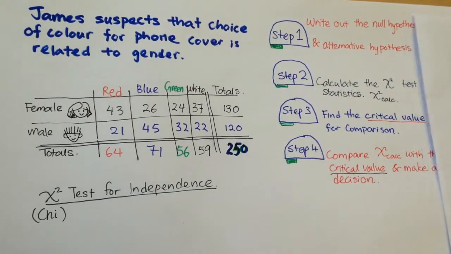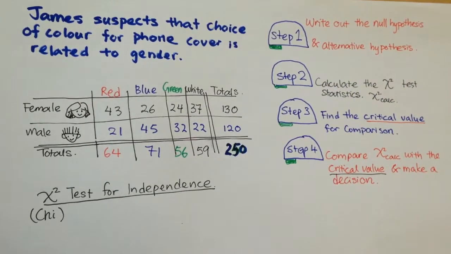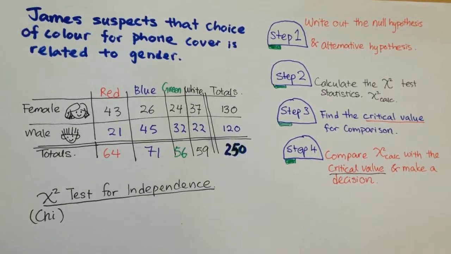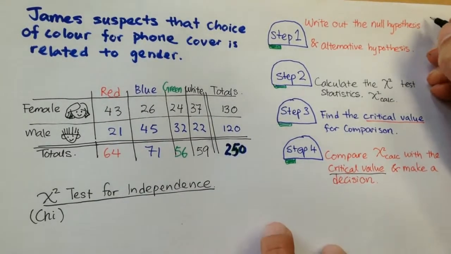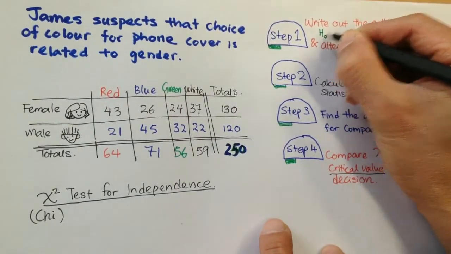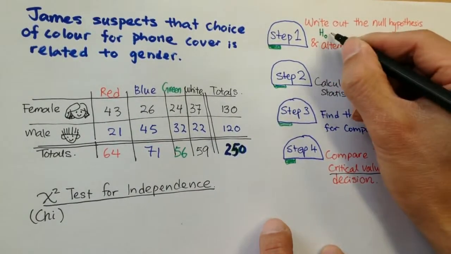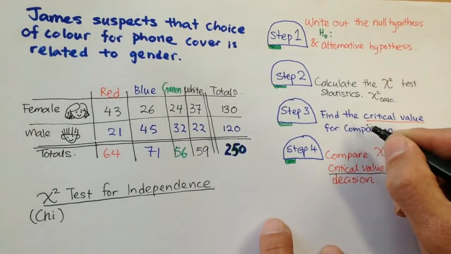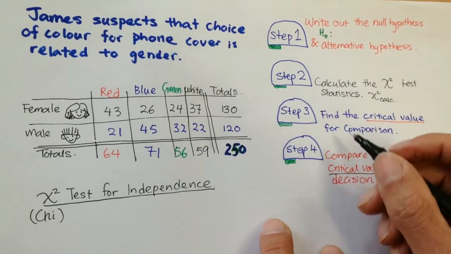Test for independence basically involves 4 steps. And here are the 4 steps. First of all, you probably need to write out the null hypothesis, usually denoted as H sub-zero. And this is basically about the independence of 2 items.